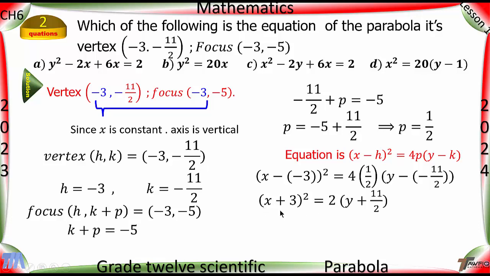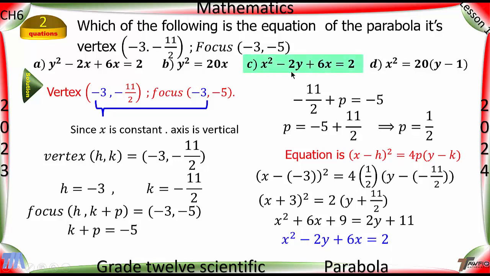Now open this bracket: the first one squared, 2 times the first one times the second one, 2 times x times 3 is 6x, and the second one squared is 9, and 2 times y is 2y, and 2 times 11 over 2 is 11. Simplifying, it becomes x squared minus 2y plus 6x is equal to 2. As you can see, C is the correct answer.